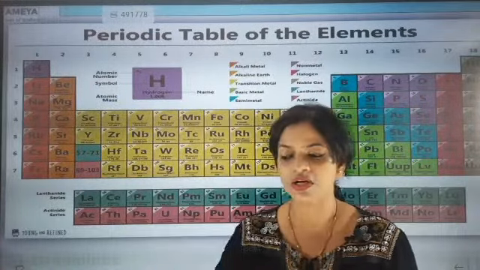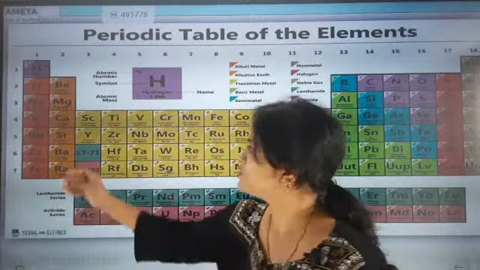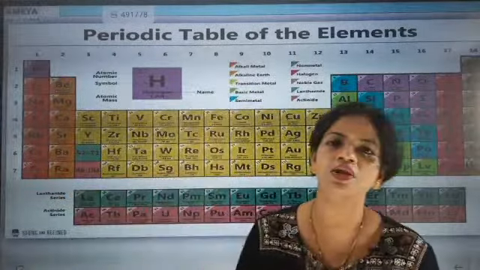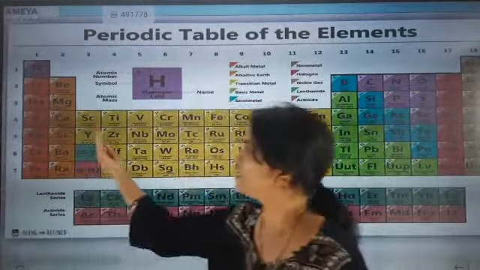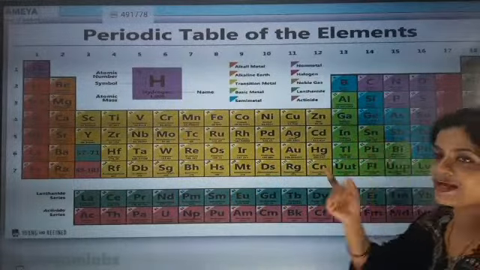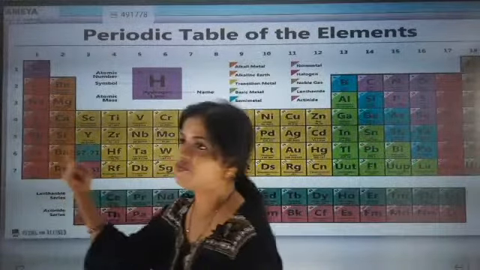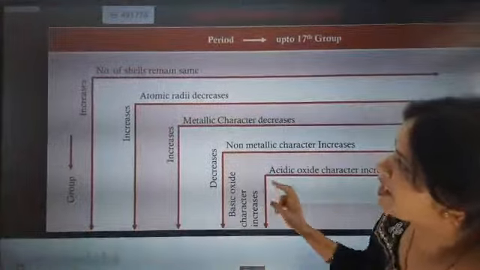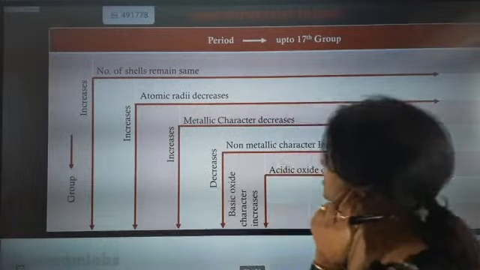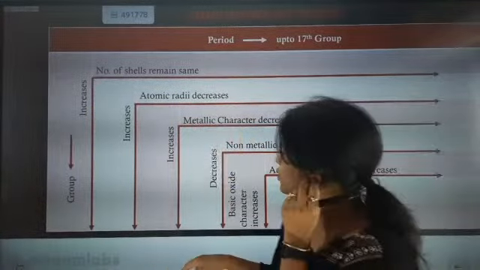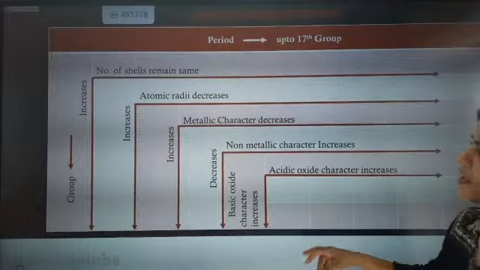So electropositivity decreases from left to right. I repeat, electropositivity decreases from left to right.